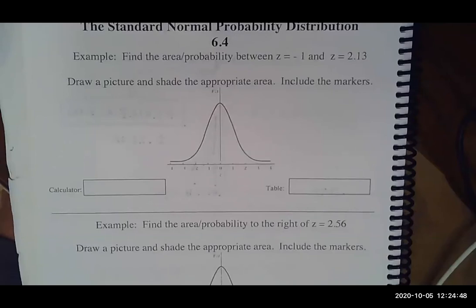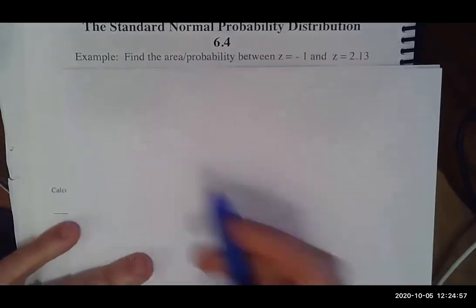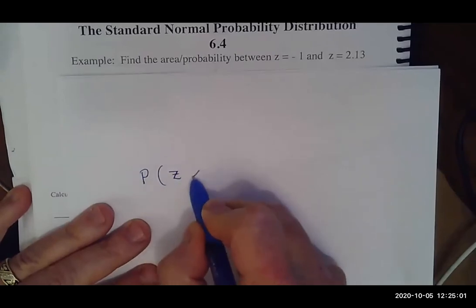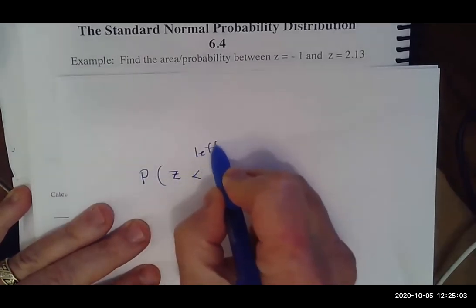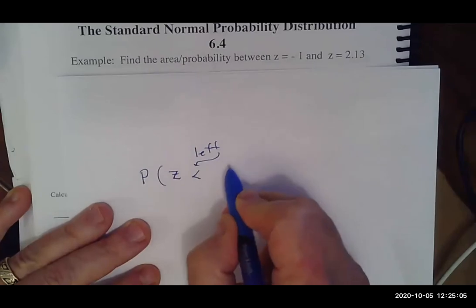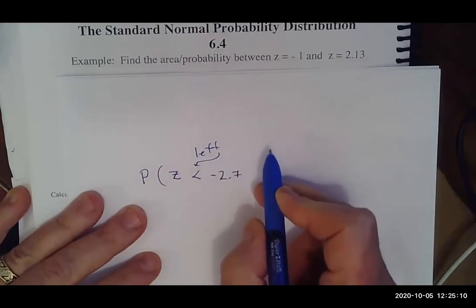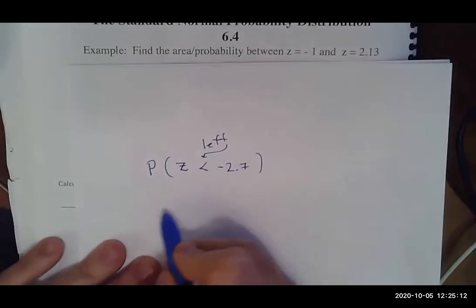So in that problem, it was asking to the right of negative 2.7, which would make the lower negative 2.7. But if it was asking for the left, would the upper then be negative 1,000 and the lower be negative 2.7? Yes. Okay, cool.